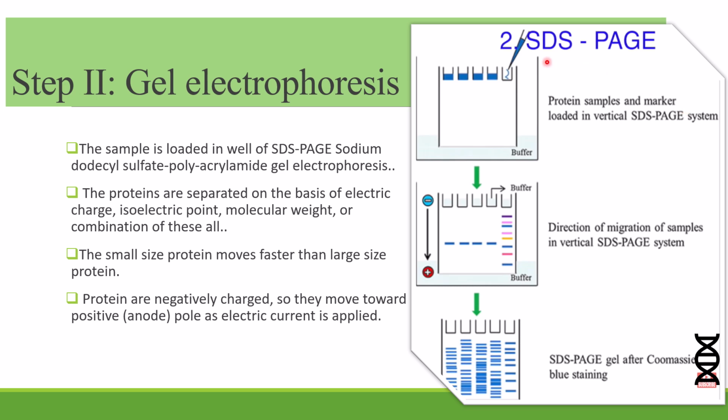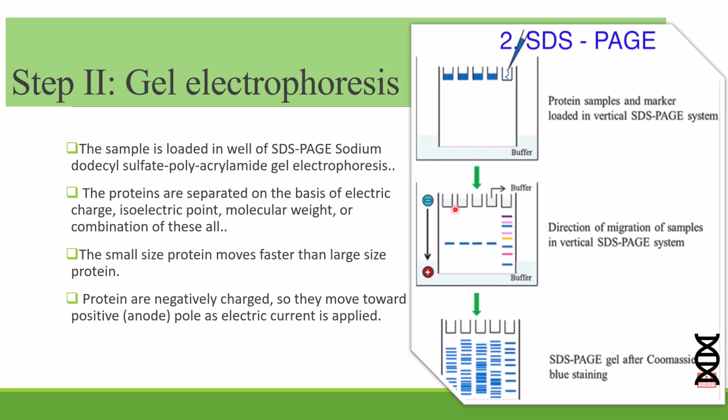Just remember to add an equal amount of loading dye to your samples, so the samples are equal. Suppose you are going to load 20 microliters, you add protein and loading dye to make that. What is the loading dye? Remember, 2x Laemmli. You use 2x Laemmli as the loading dye.